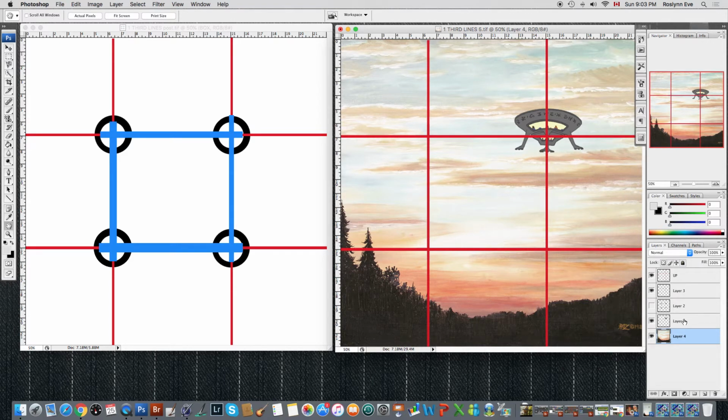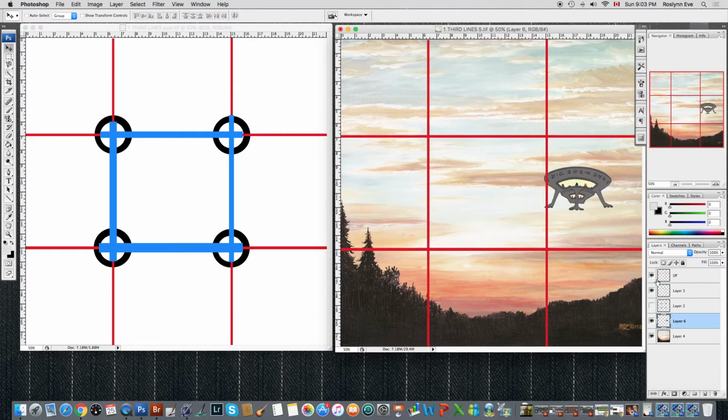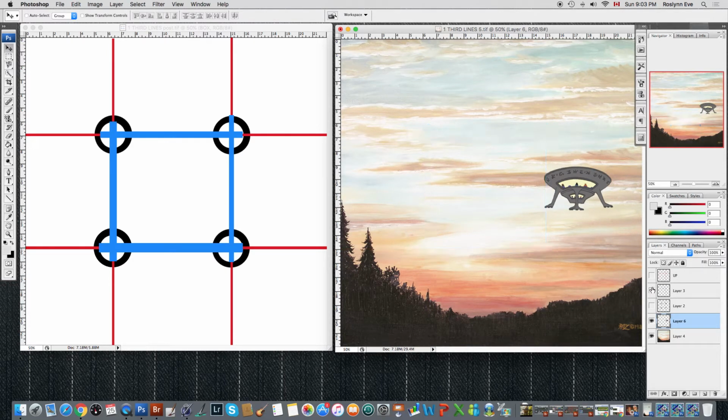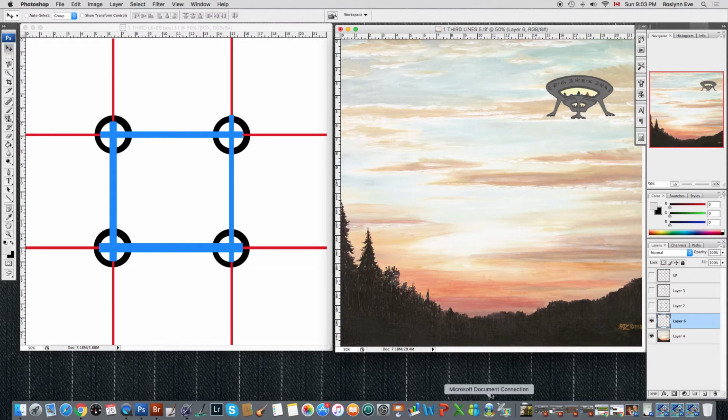Watch when we go like this. Let's move it around. And we put it over here. So let's get rid of the lines for the moment, and the box. Okay, so if we move it up here, does that look good to you?